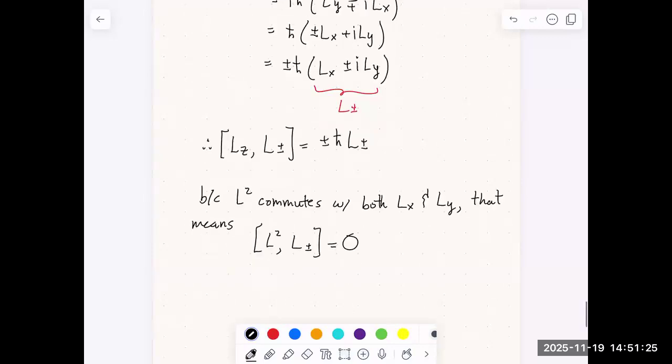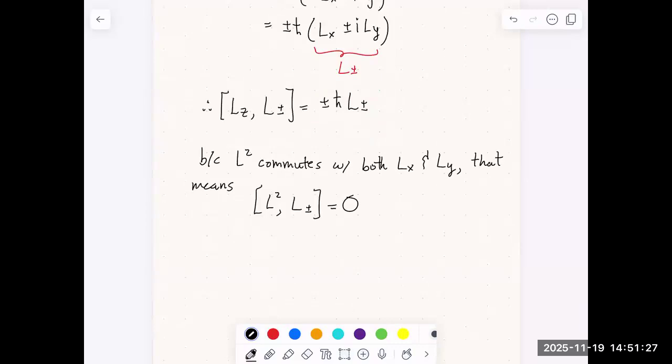Okay, so therefore, L plus minus commutes with L squared, so it can have a simultaneous eigenfunction with L squared.